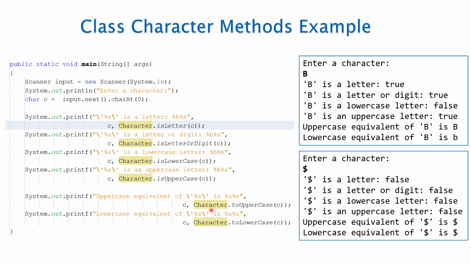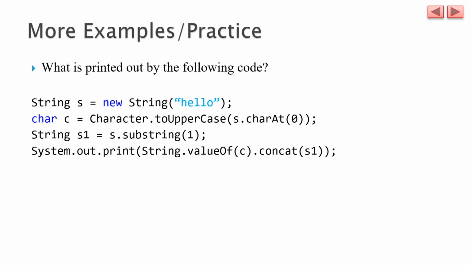Method calls Character.toUpperCase of C and Character.toLowerCase of C both return the $, because it's not a letter. If you want to see more examples of the character methods, you can type in the code here into a complete Java program and see what is printed out by this code.